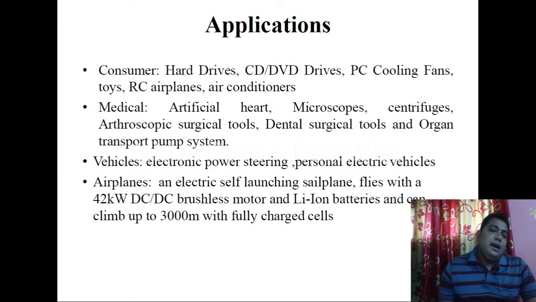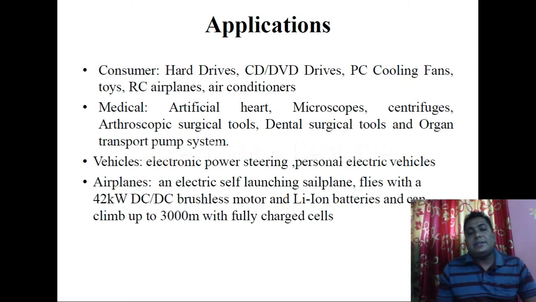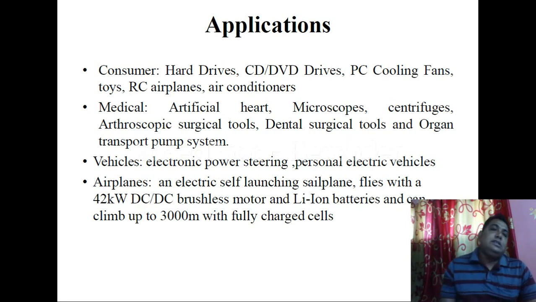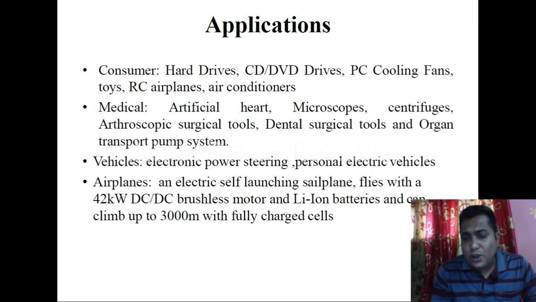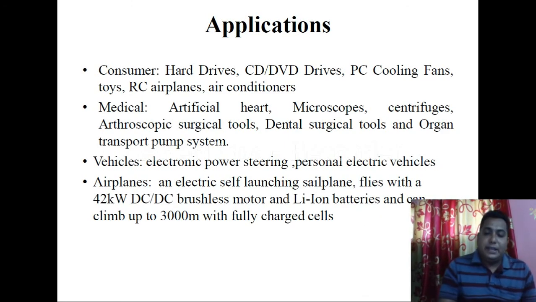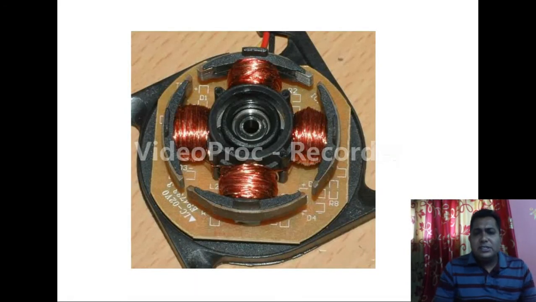Like this, airplanes and electric self-launching sailplanes fly with a 42 kilowatt DC brushless motor and Lion batteries, and can climb up to 3000 meters with a fully charged cell. So as we can see, in large and important areas, this type of machine has a huge application.